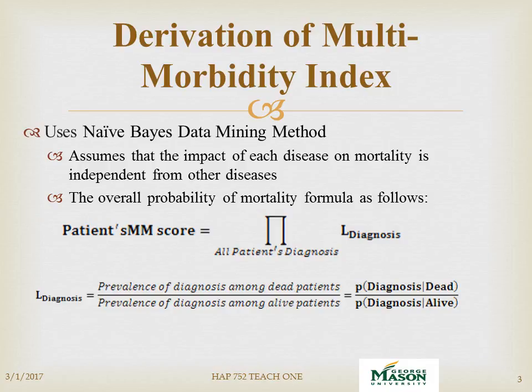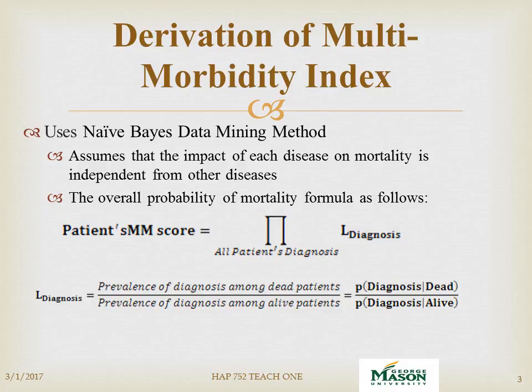Derivation of the multi-morbidity index uses the naive Bayes data mining method. It assumes that the impact of each disease on mortality is independent of the other diseases. Below are the two formulas that we use to calculate the probability of mortality.